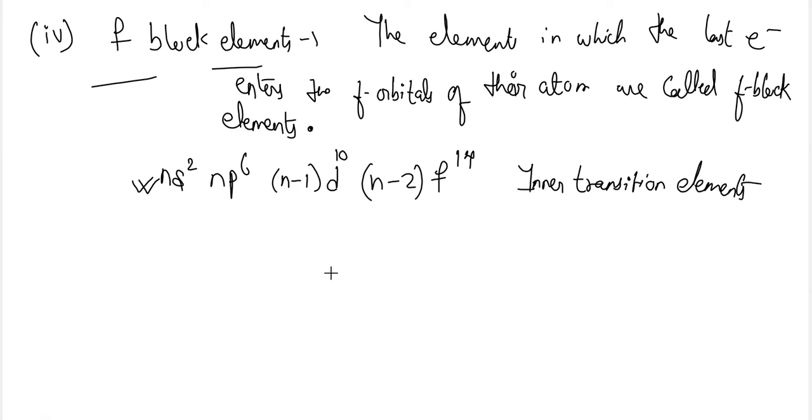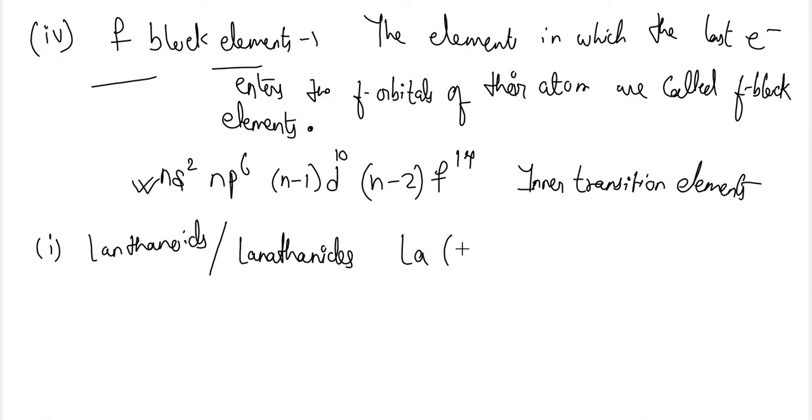Here two series are present. One is the lanthanoids or lanthanides, starting from lanthanum, that is Z equals 57.